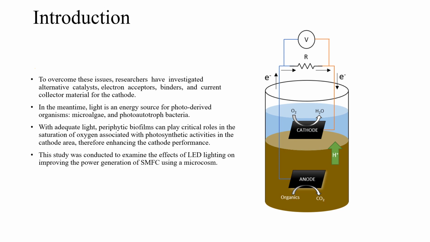To overcome these issues about cathode internal resistance, researchers have investigated alternatives like catalyst, electron acceptors, binder, current collector material for the cathode, and so on.